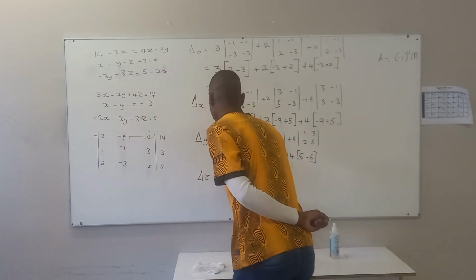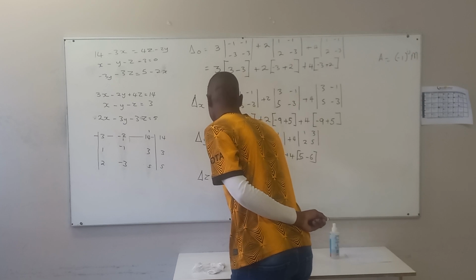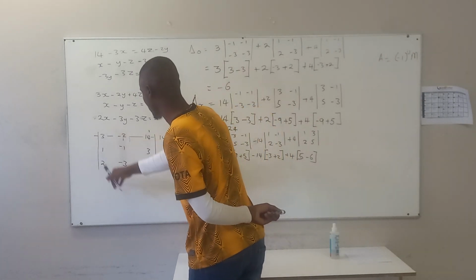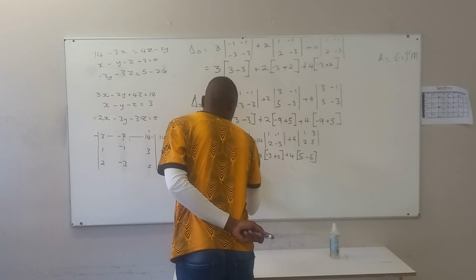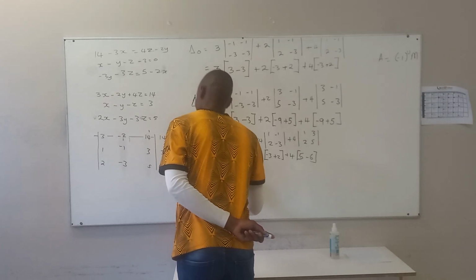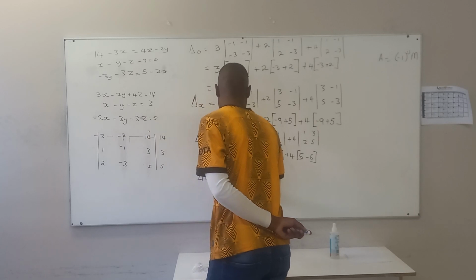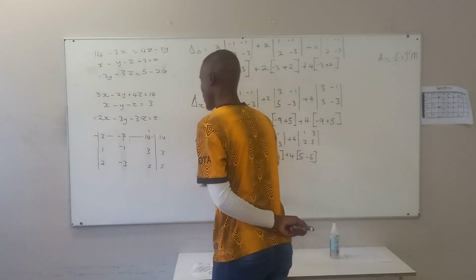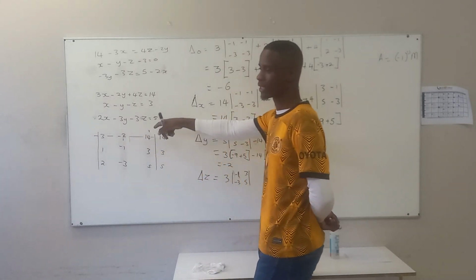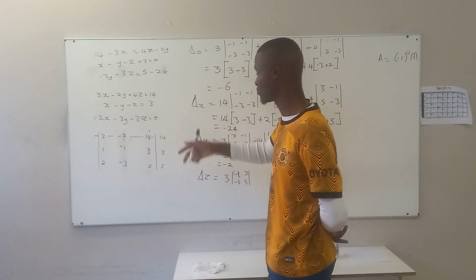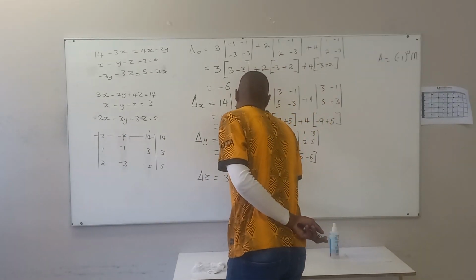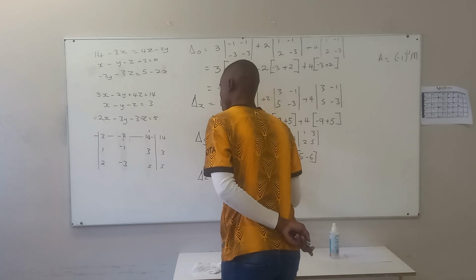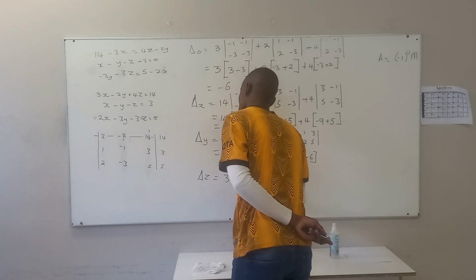Then 3 into this one and this one, negative 1 and negative 3. And then positive 3 and 5. Next one is negative 2. Negative 2 and that negative will give you positive, so you get positive 2. 1, 2, 35.